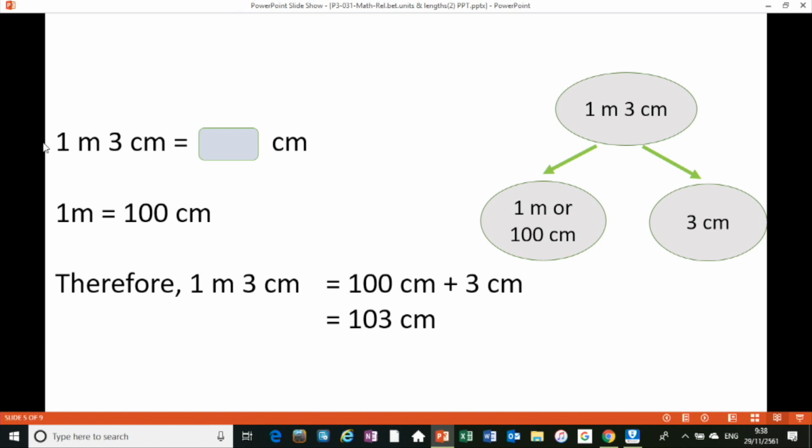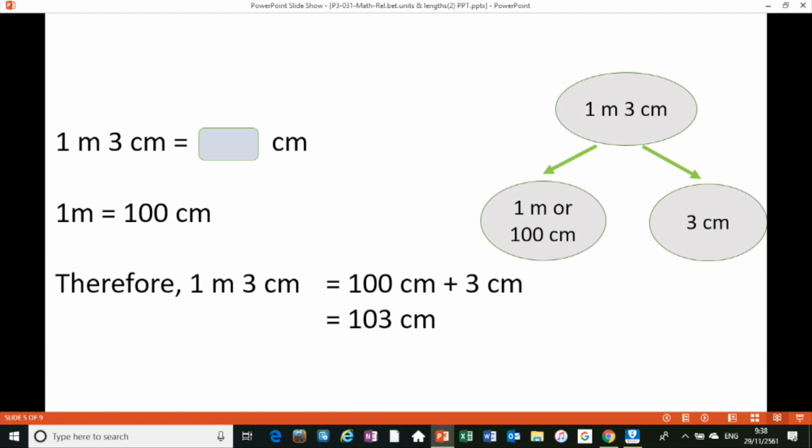How about this one? 1 meter, 3 centimeters. How many centimeters in 1 meter and 3 centimeters? 103 centimeters. Excellent.